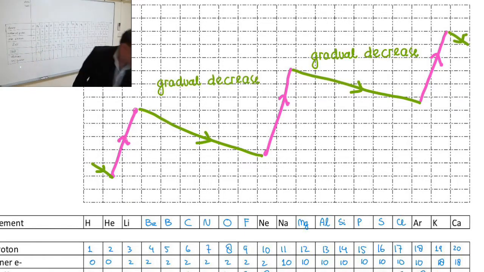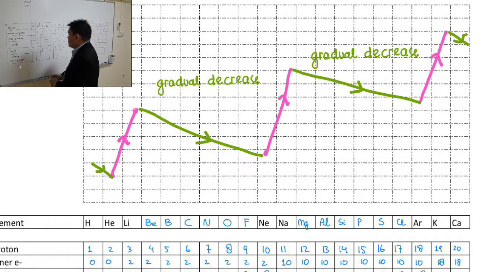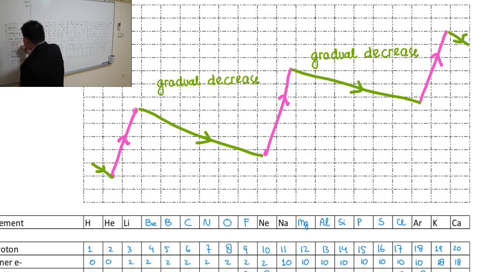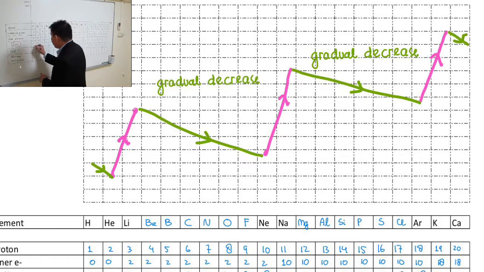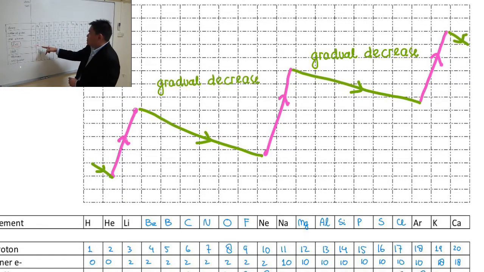Another one is the effective nuclear charge. Effective nuclear charge also affects the atomic radius. The higher the effective nuclear charge, the smaller it is. So if you compare hydrogen and helium, helium will be slightly smaller than hydrogen. This red arrow represents a slight, gradual decrease of atomic radius.